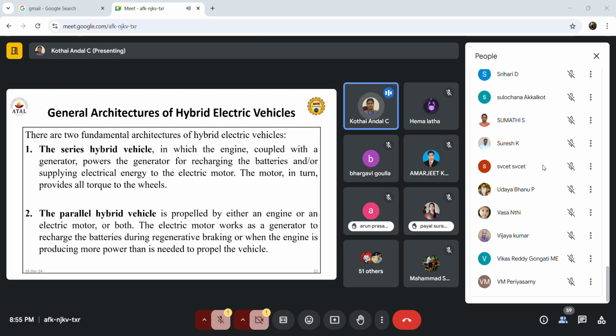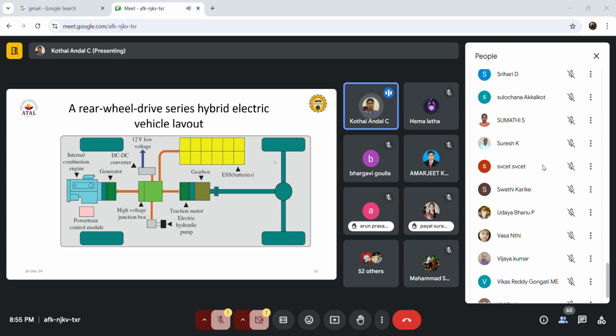In the case of the series hybrid vehicle, this is the layout of the series hybrid electric vehicle, and here the mode of operation is unique.